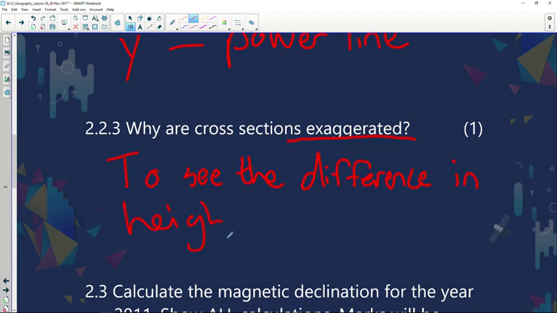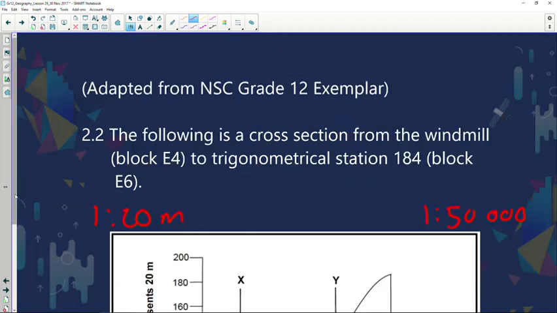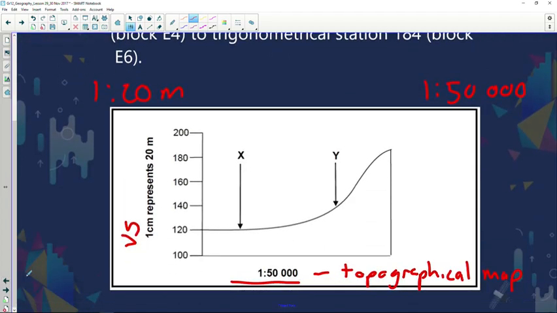Now keep in mind, when we look at the cross section, there can only be two horizontal scales, and that depends on the examiner. If the question is on a topographical map, the horizontal scale is going to be 1 to 50,000. If it's on an orthophoto map, the horizontal scale is going to be 1 to 10,000.